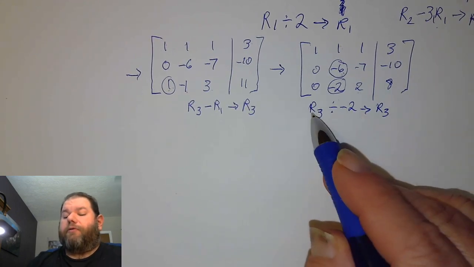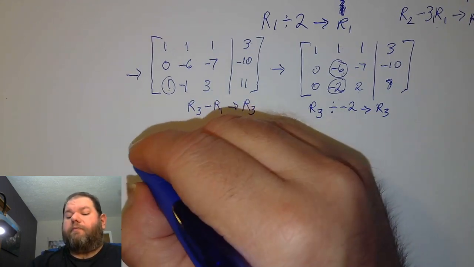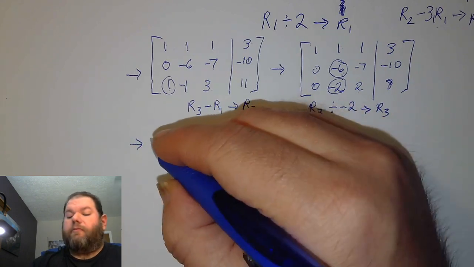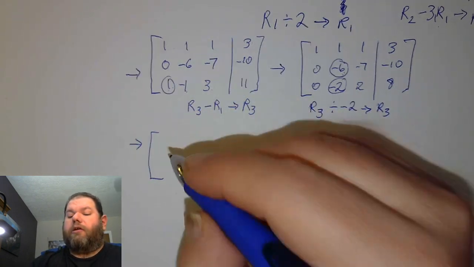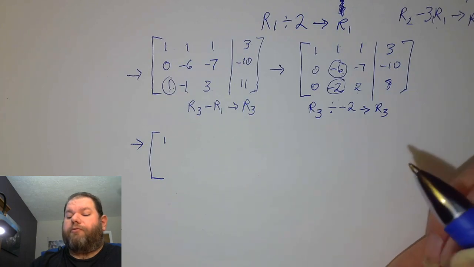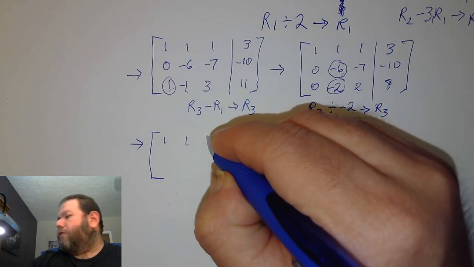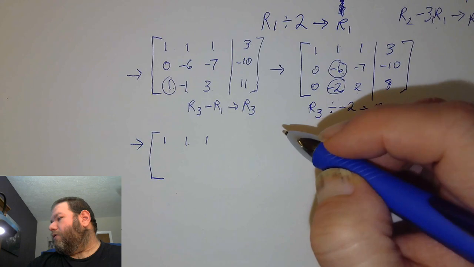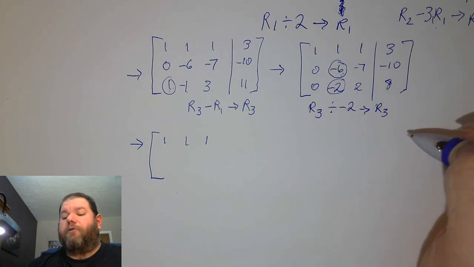So what I'm going to do is take row 3 and divide by negative 2. Now we're only working with row 3. Yeah, we have to do the same thing to every number on that row.